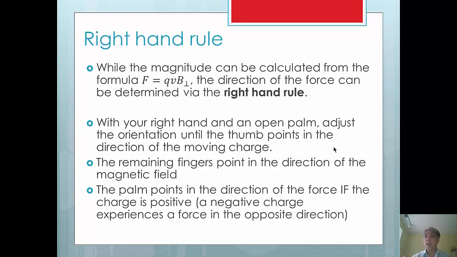Or what I actually suggest doing is, whatever answer you get, you just flip the direction, because that's all it means. If you said my velocity is going to the left, then in reality, if it's a negative charge, my velocity is going to the right.